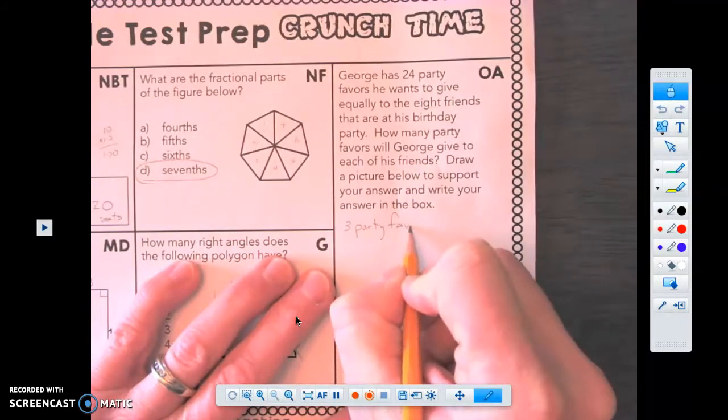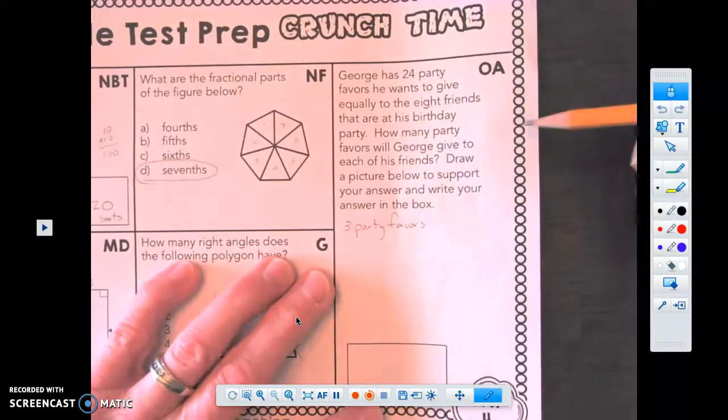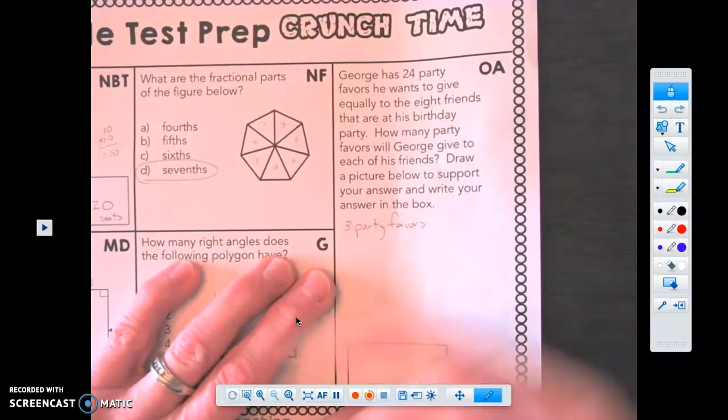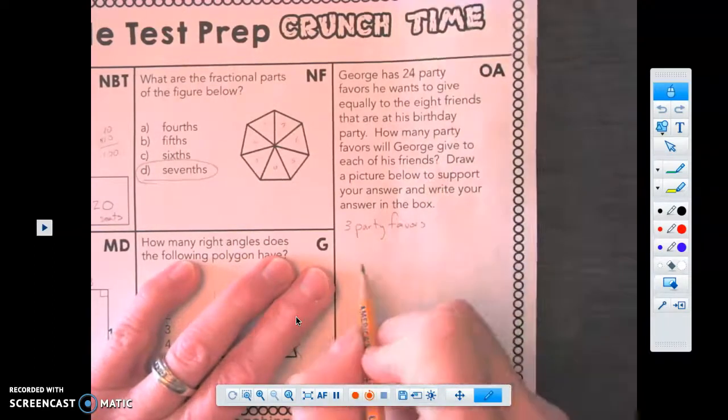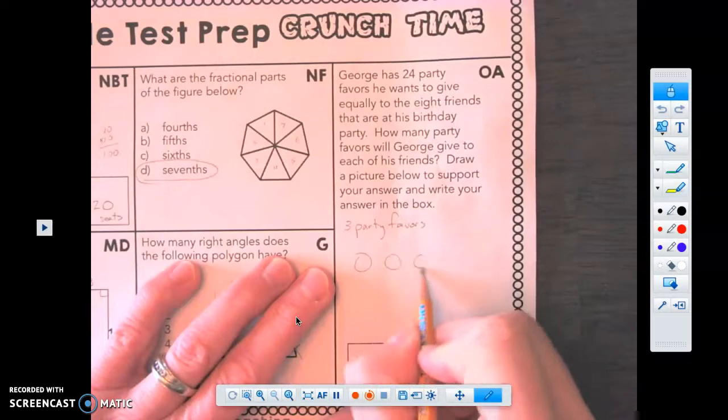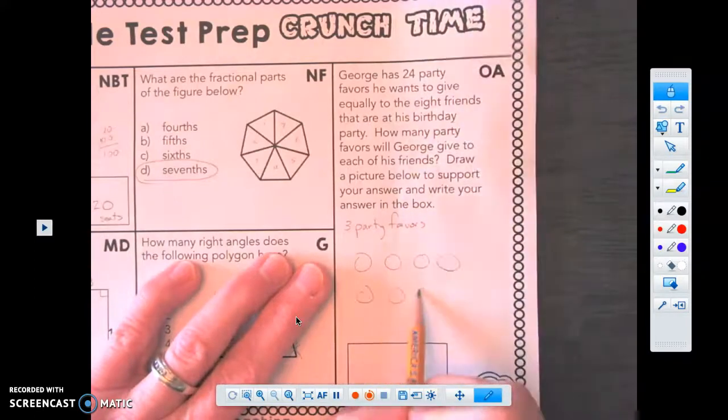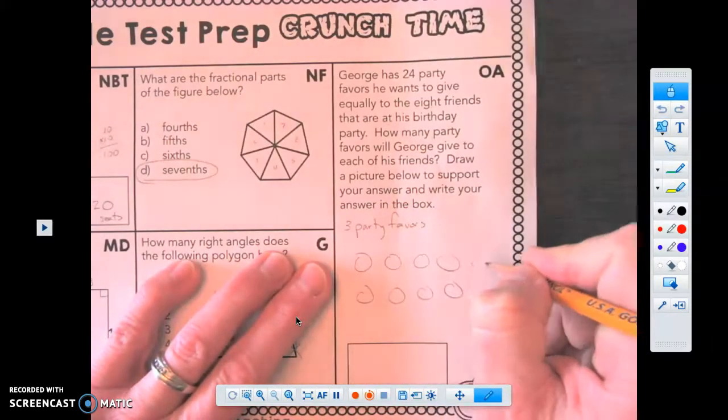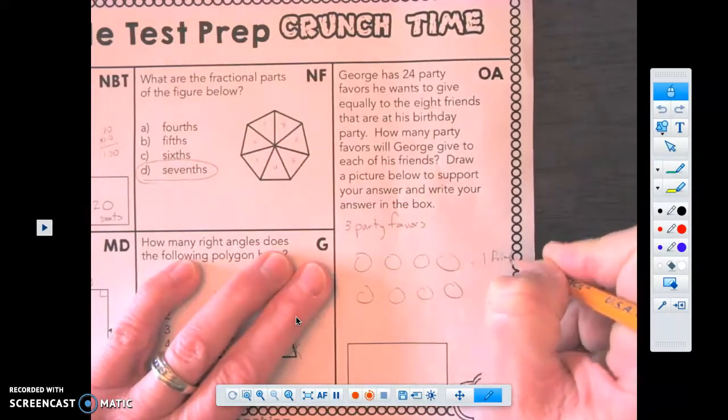Draw a picture below to support your answer. So, let's use his 8 friends. So here's 1, 2, 3, 4, 5, 6, 7, 8. Each circle equals 1 friend.